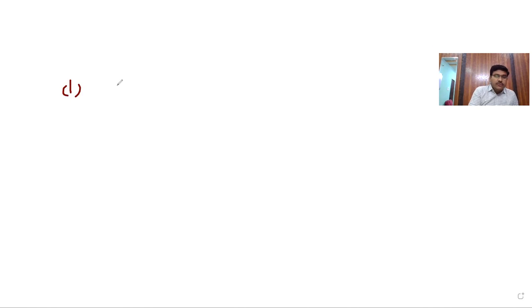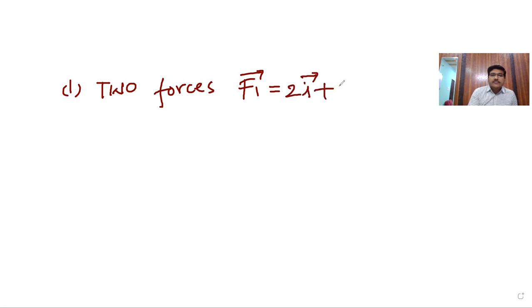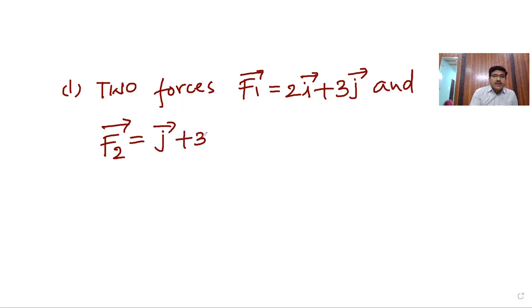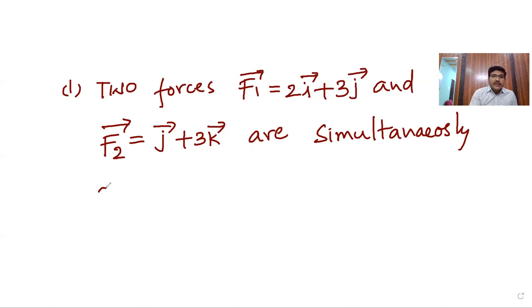First one. Two forces, F1 bar is given as 2I bar plus 3J bar, and F2 bar is given as J bar plus 3K bar, are simultaneously acting at a point.